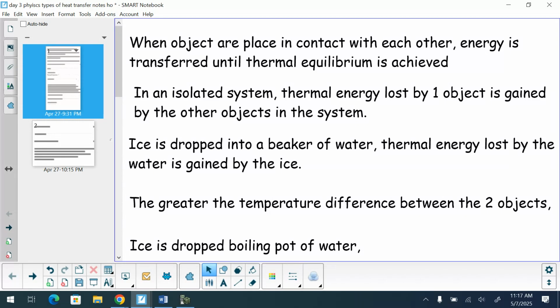Ice is dropped into a beaker of water. Thermal energy is lost by the water and gained by the ice cube.